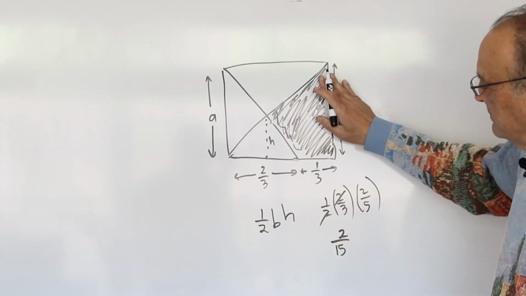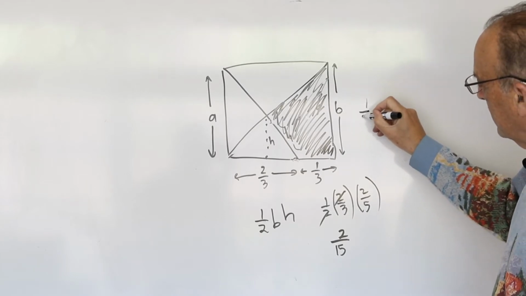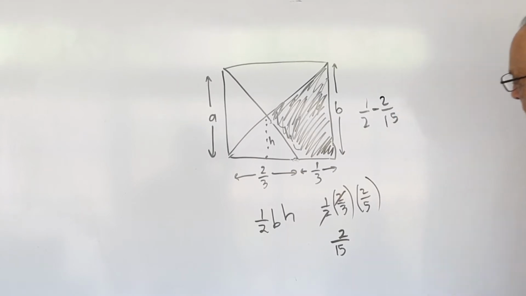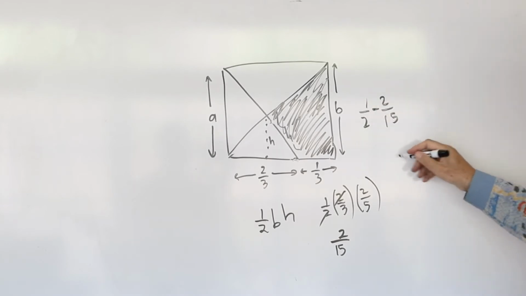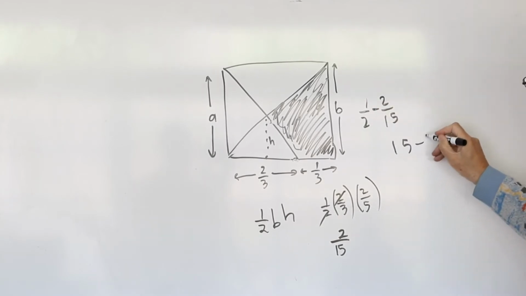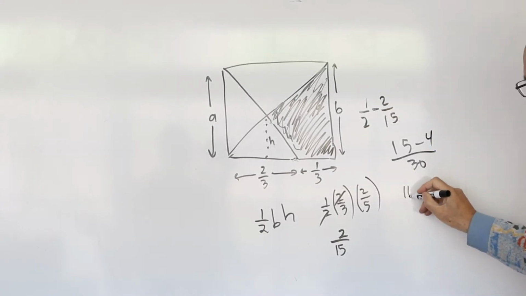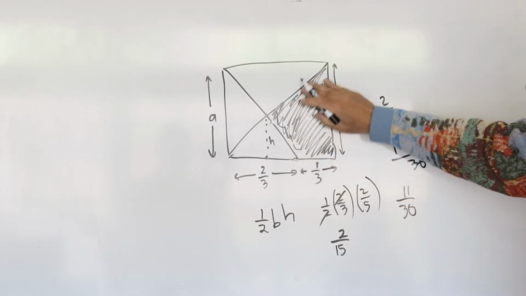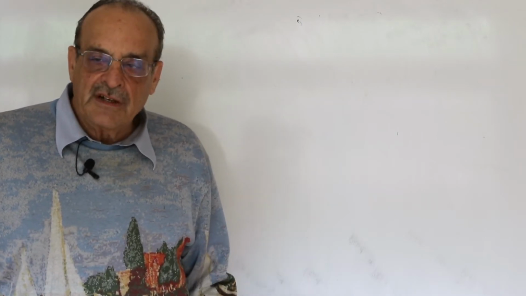So this is going to be equal to 1/2 down below this diagonal. So we just have to go 1/2 and subtract 2/15. So I can use the zip, zip, zip method. So it's going to be 15 minus 4 over 30, which is 11/30. And that's definitely less than half. So the area of this quadrilateral is 11/30. And that's the answer.